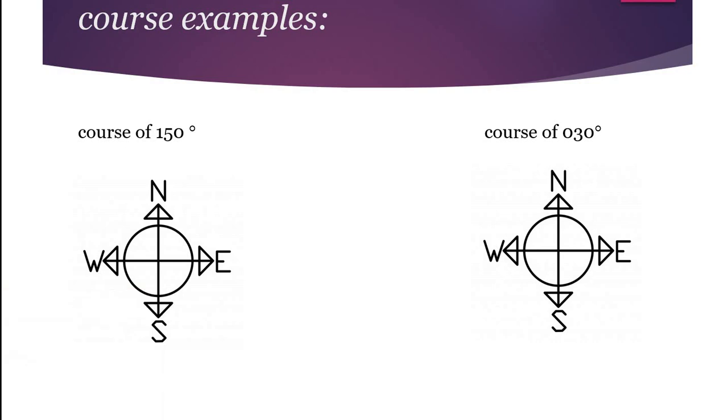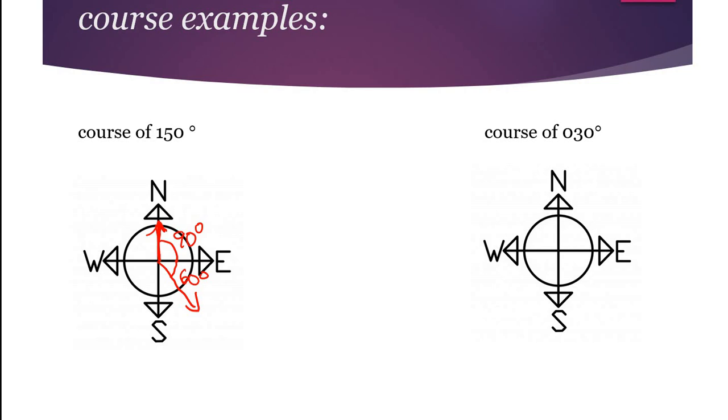So for example, if we have course of 150, we're going to start at north. And we're going to go 150, so we go 90 degrees, and then we need 60 more. So that means we are headed in the southeast direction. If we wanted to break this up, that'd be 90 degrees and 60 degrees.